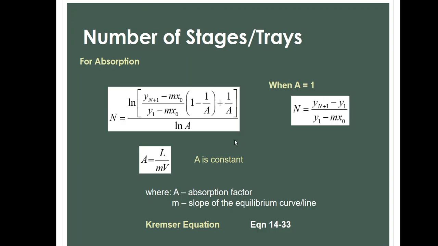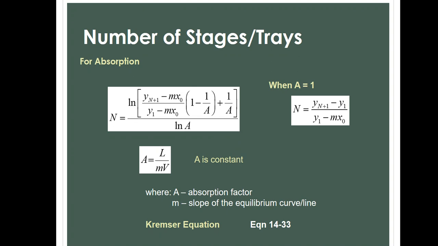Now, before we will know how to determine the number of stages that will allow us to realize our objective of recovery, let's say we want to have a 99% recovery or a 95% recovery.